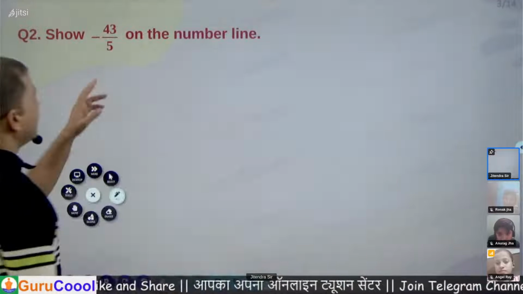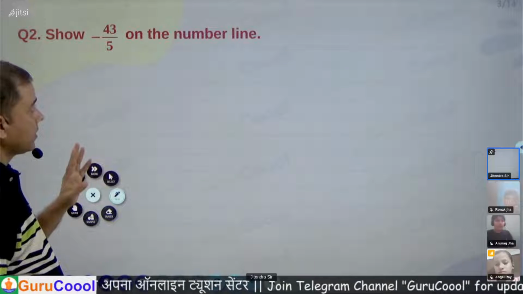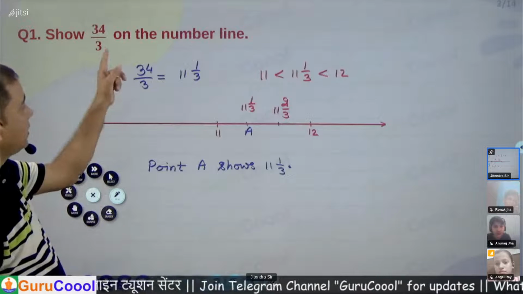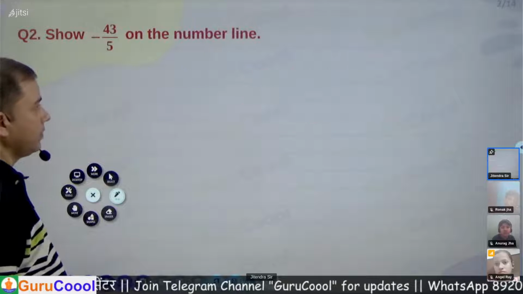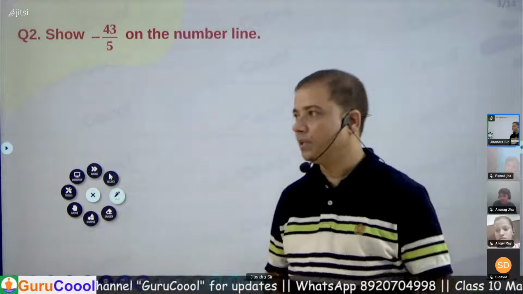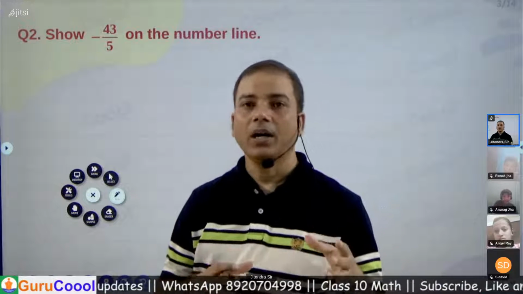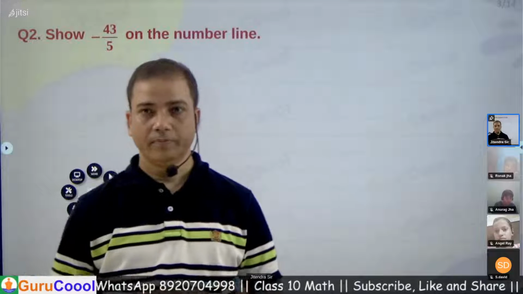Next number is negative 43 by 5. Earlier it was a positive number, but this time we have a negative number. You need to understand, once again I am repeating, any number on the number line means how far it is from 0.